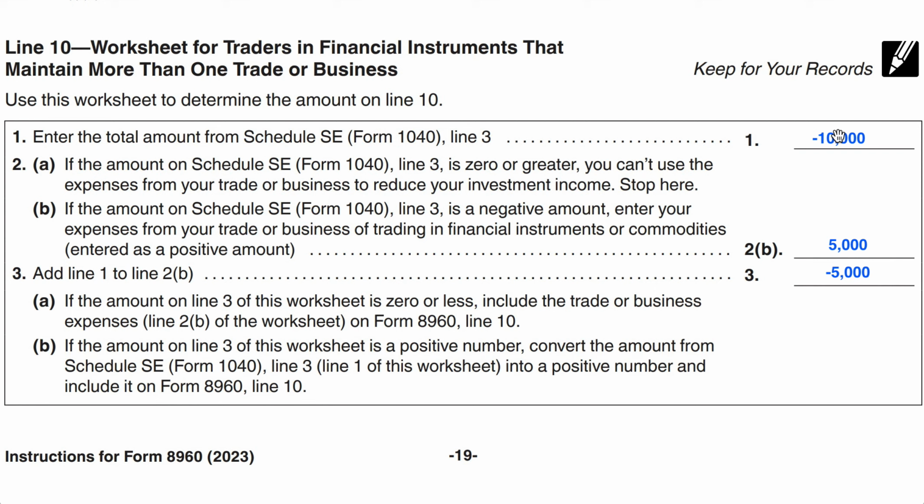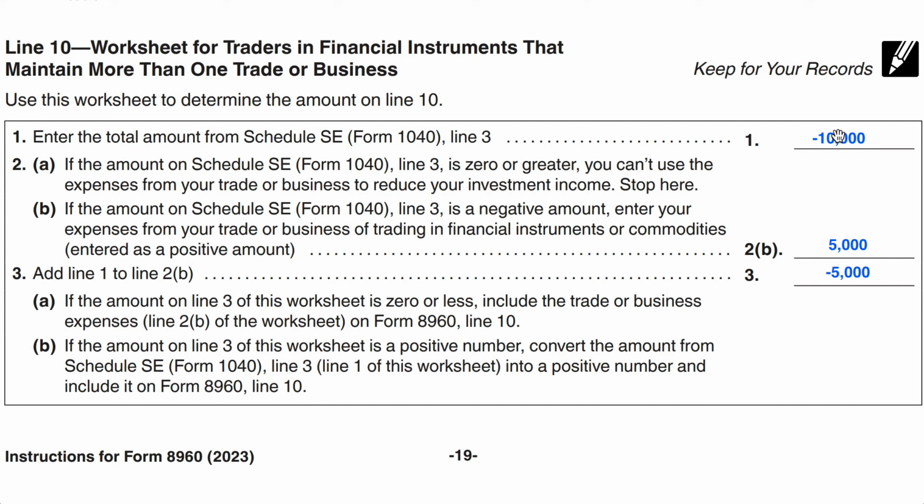The first thing that the instructions say is if this is a positive number, then you can't use any of your expenses from your trade or business to reduce your investment income. You stop here and you don't make any modifications to the number on line 10 based on this calculation.